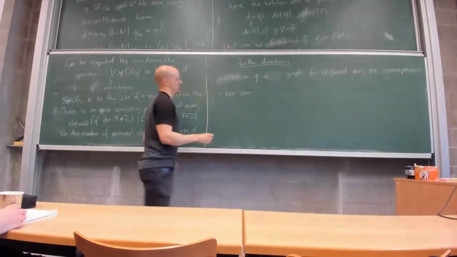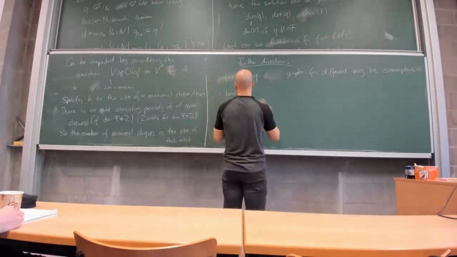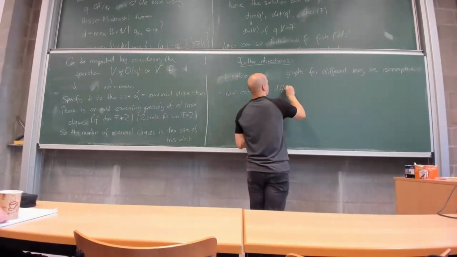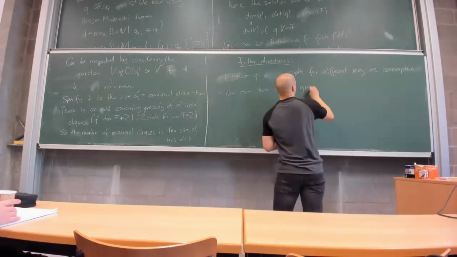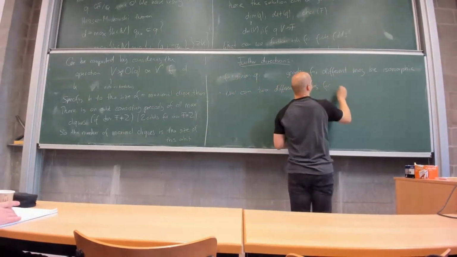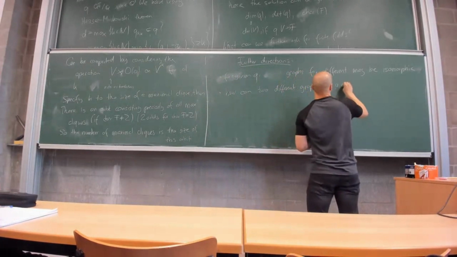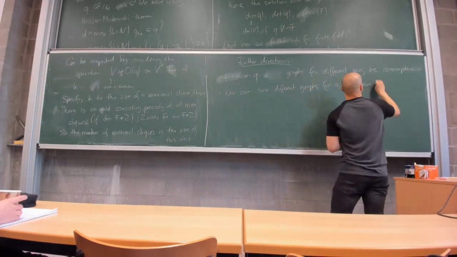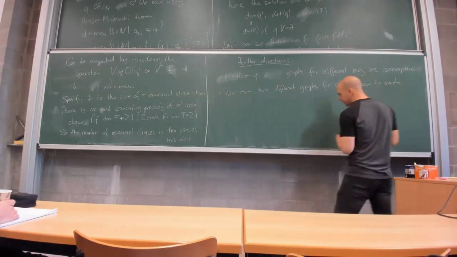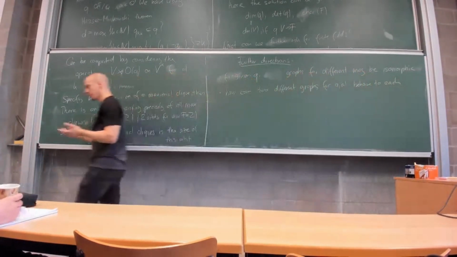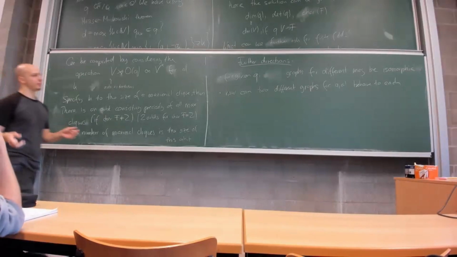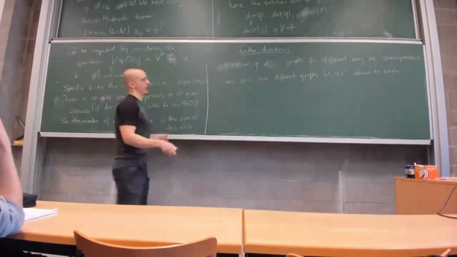So we can talk about how two different graphs for A and A prime behave to each other. And in fact, there are combinatorial structures that are a little bit more complicated and contain more data than just graphs.